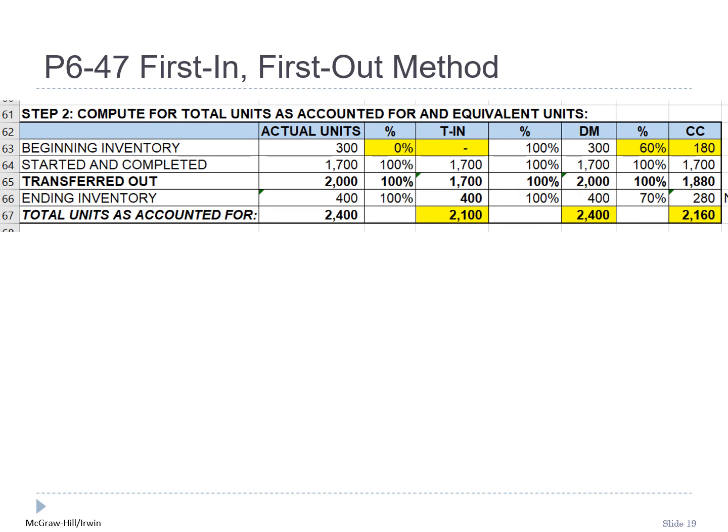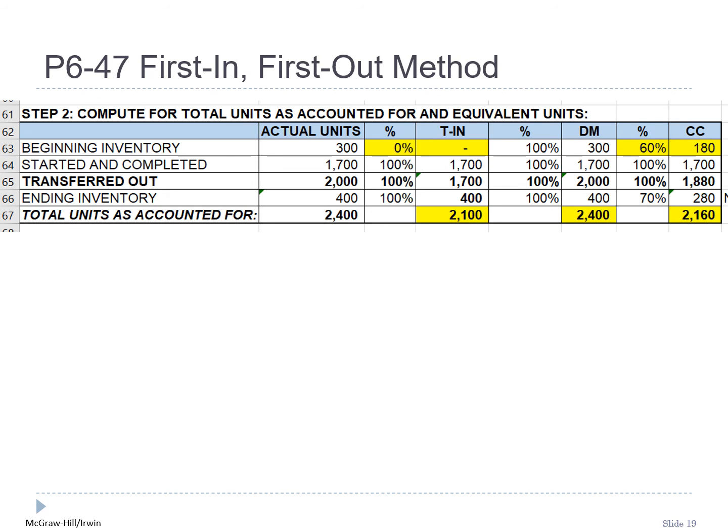So, 40% lang yung conversion. Eh, di ba remember assumption sa Department B, kapag naka 50% siya, dun ina-add yung direct materials. So, last month, 40% lang ang conversion mo. So, ibig sabihin, wala siyang direct materials last month.